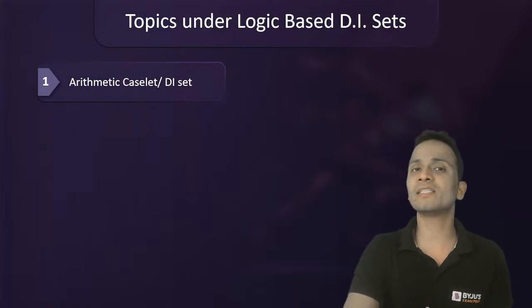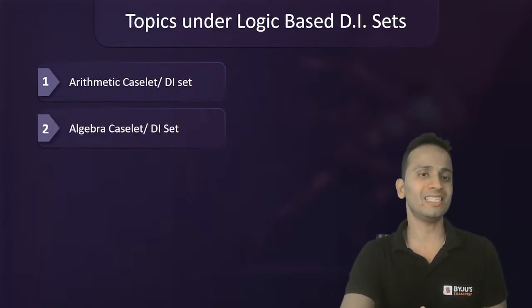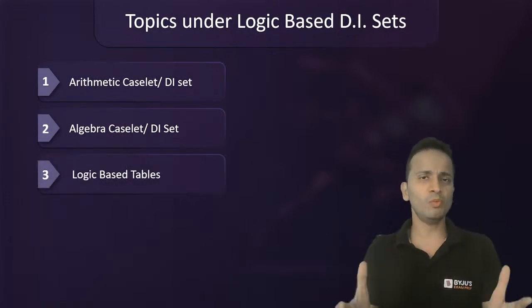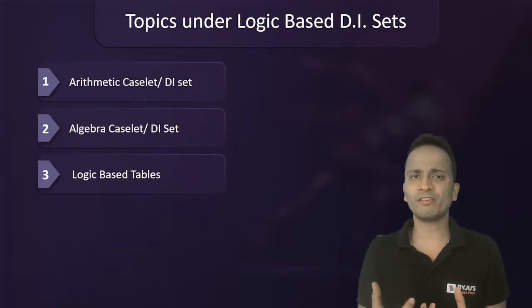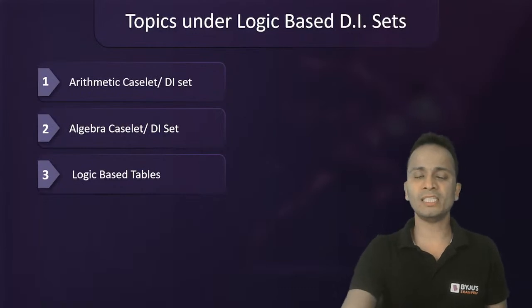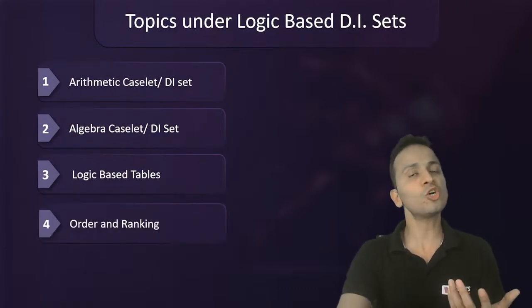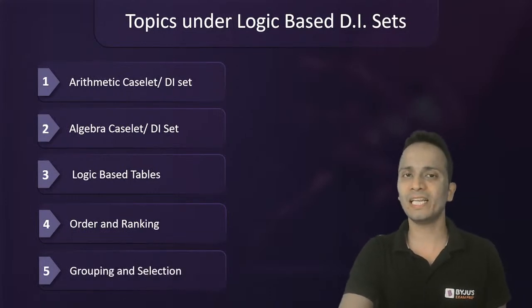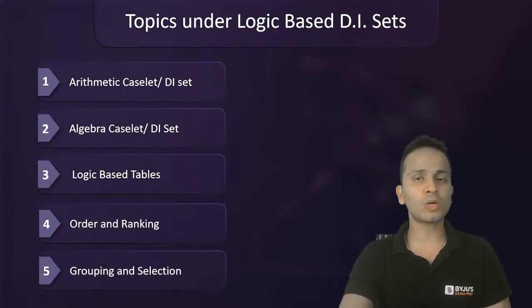The second is algebra-based caselets or data interpretation sets. The third one is logic-based tables. A table will be given to you, and some kind of logic will be applied, and you can tackle the data that is given to you and solve the questions. The fourth one is order and ranking based, and the fifth one is grouping and selection. All these also come under logic-based data interpretation sets.